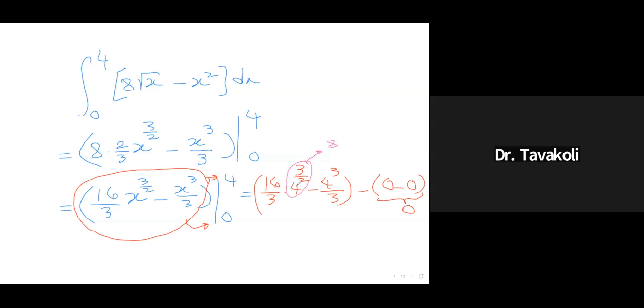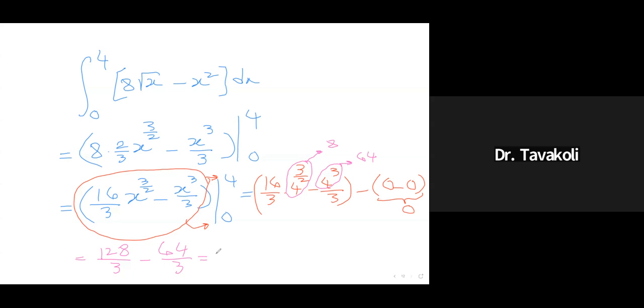8 times 16 over 3 is 128 over 3. 8 times 16 is 128. Then minus 4 cubed, this is 64, so 64 over 3.